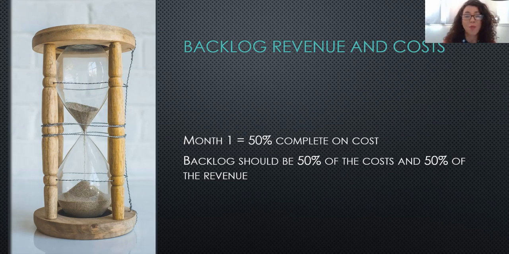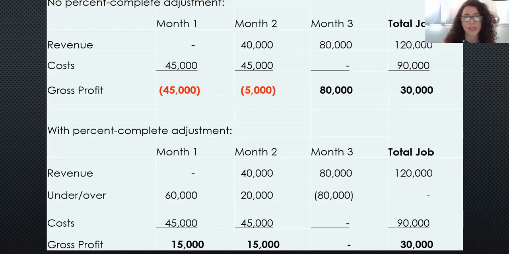So our percent complete is 50%, and our backlog would be 50%. You can modify that up or down just so that you can follow along, but you're really just taking whatever is left over based on your percent complete and multiplying that times the contract, or if you're doing cost, you could multiply that on the estimated cost.